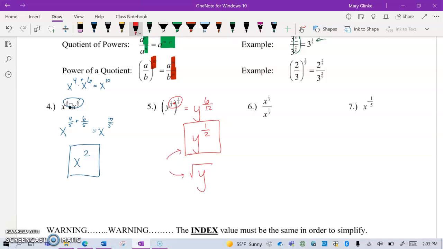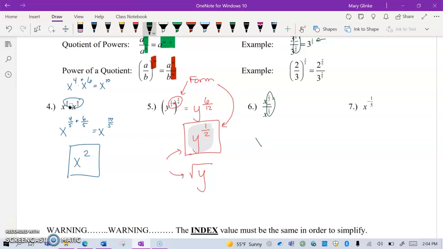In general, though, whatever form your problem started in, you want to end in that same form, unless the problem specifies otherwise. So this problem started in exponential form, so I'm going to answer in exponential form, unless I'm asked to do otherwise. So let's look at the next one, 1/2 and 1/3.